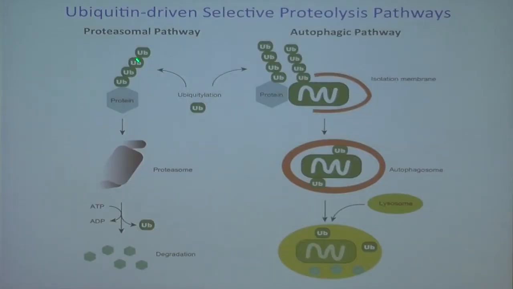It was a little bit of a shock for me because so far ubiquitination was a degradation signal for the proteasome. However, ubiquitination is also involved in selective degradation by autophagy. So both systems are interrelated. The key molecule is ubiquitin.